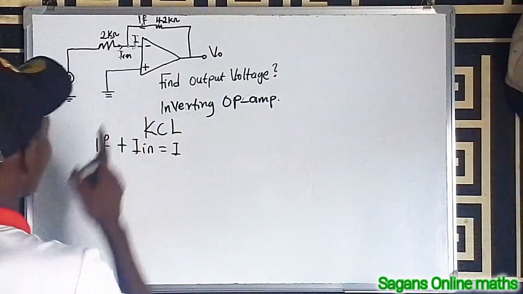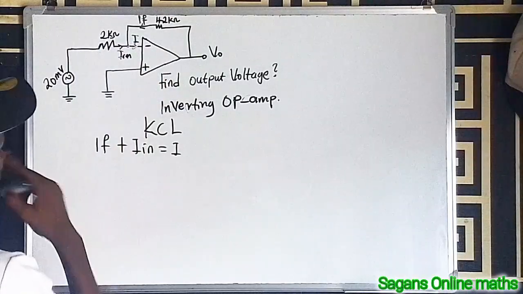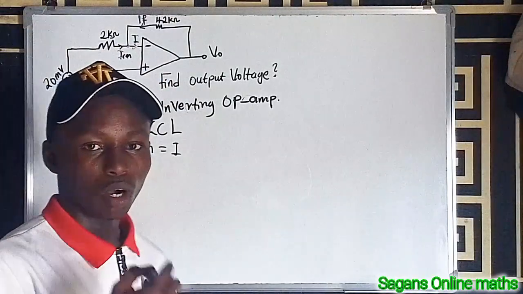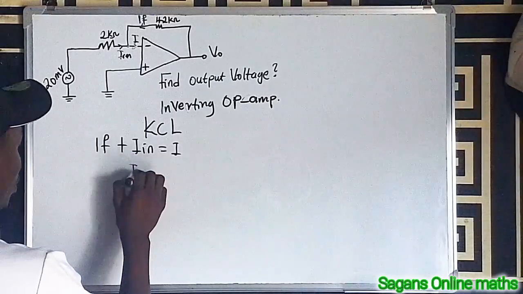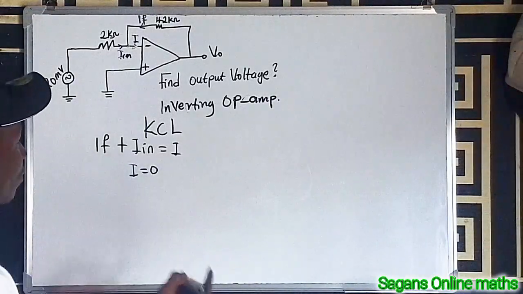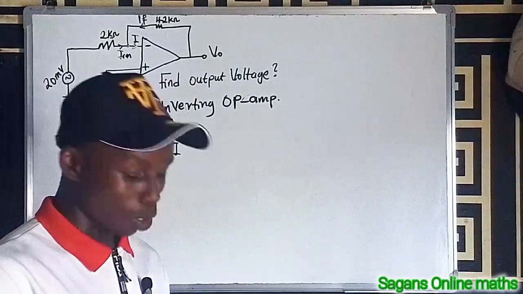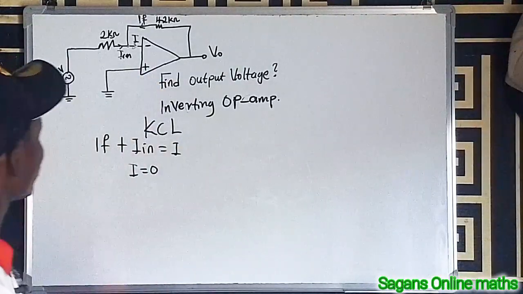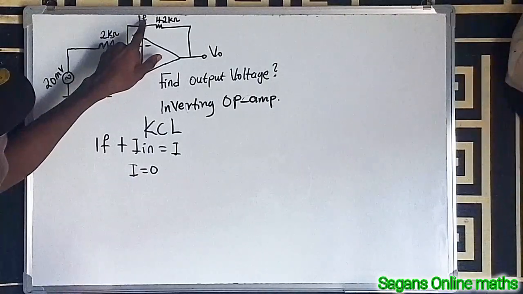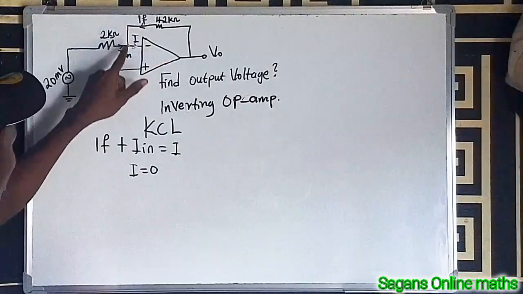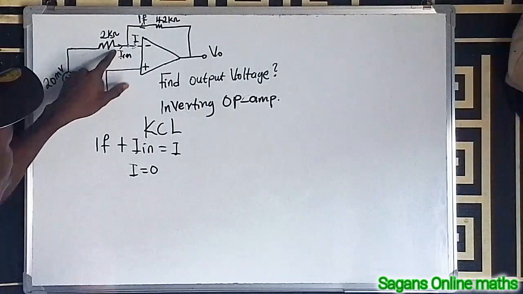But at this point, there's something very important. Take note that in an ideal operational amplifier, I is equal to 0. Why is it that I is equal to 0? At this point, which is the negative terminal, IF, the feedback current, is coming in this direction, and I in, the input current, is coming in this direction.